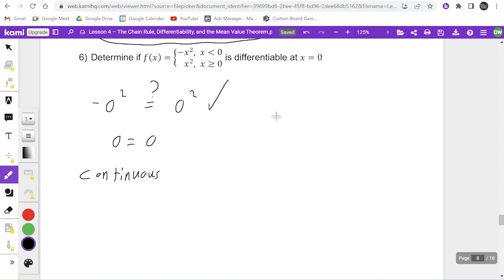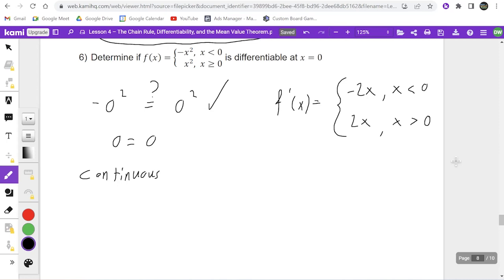Now for differentiable. Remember, you got to take the derivative of this. So f prime of x equals, for the top one, derivative of -x squared is -2x. That's when x is less than 0. And then the derivative of x squared on the bottom is going to be positive 2x. That's when x is greater than 0. Now, obviously, these two functions are not equal to each other, but that's not the point.